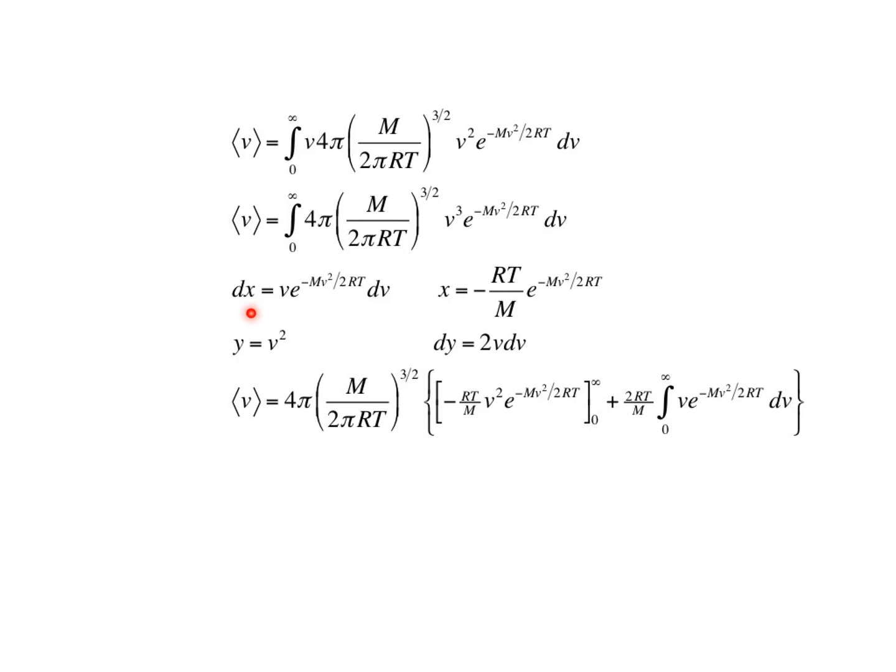And when I integrate dx equals v e to the minus mv squared over 2RT dv, I get x is equal to minus RT over m e to the minus mv squared over 2RT. You can verify that that's the case by taking the derivative of this and showing that you get back dx.